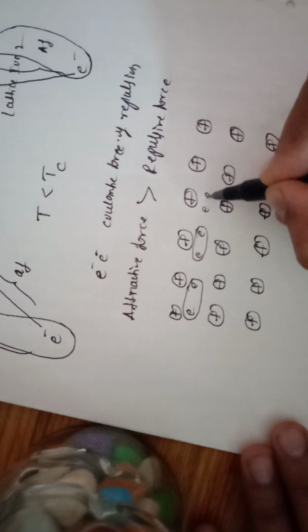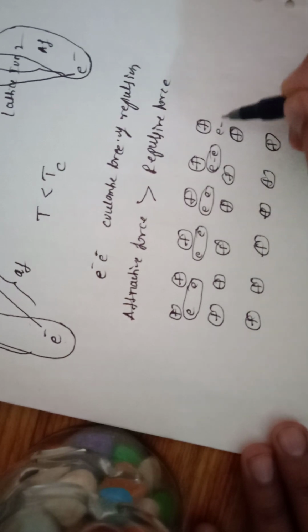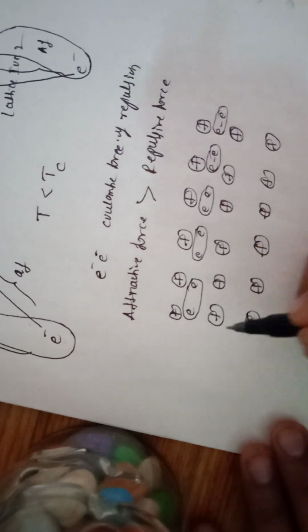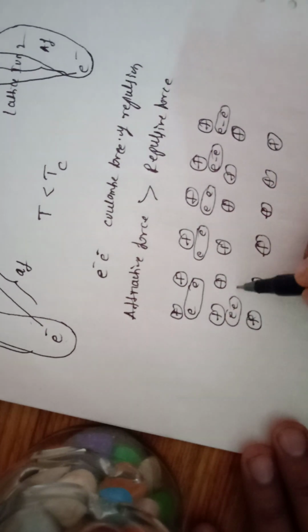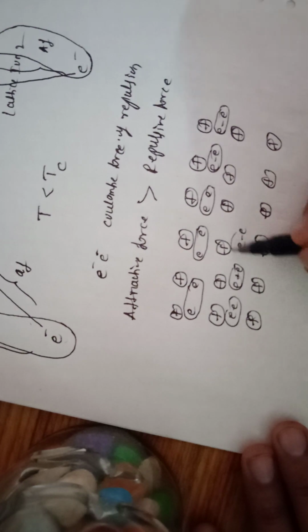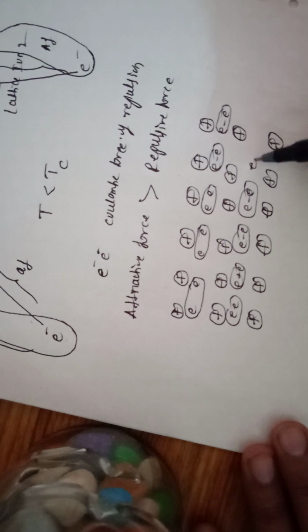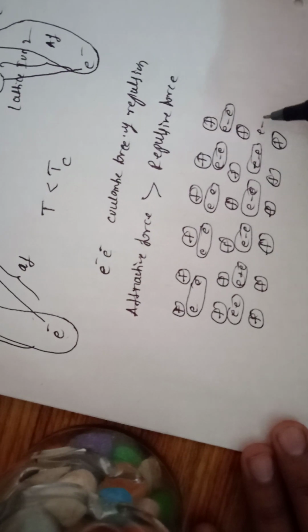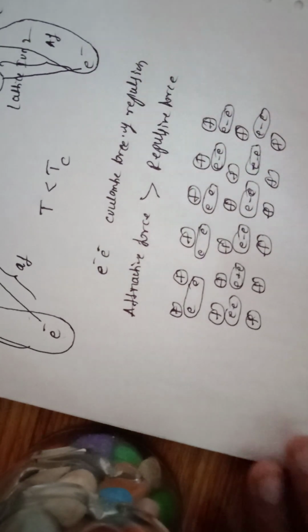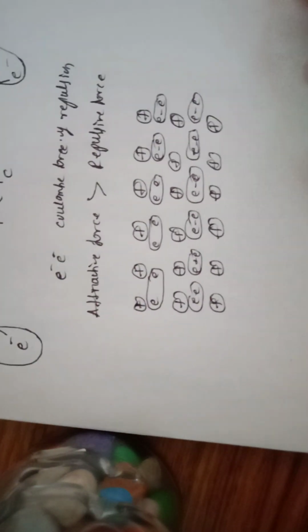These electrons are paired without causing any electrical resistance. They move throughout the solid, gliding over the solid. So you can expect an infinite conductivity in superconductors, provided this theory is only restricted to type 1 superconductors. So like this, they are paired with each other and move throughout the solid without any electrical resistance.